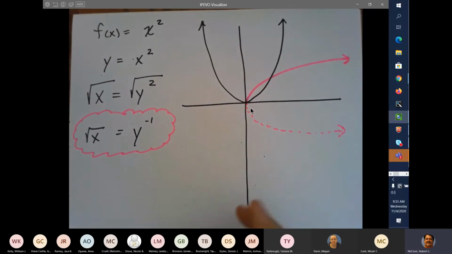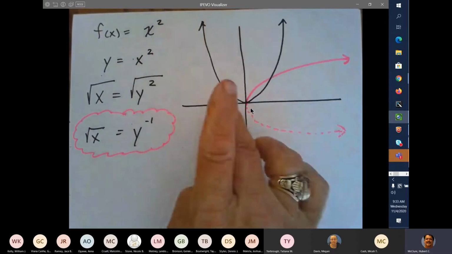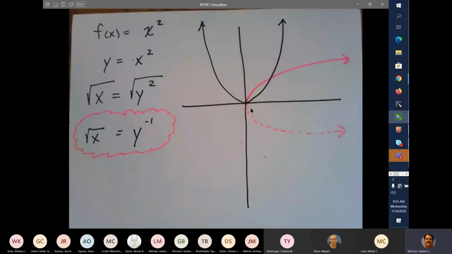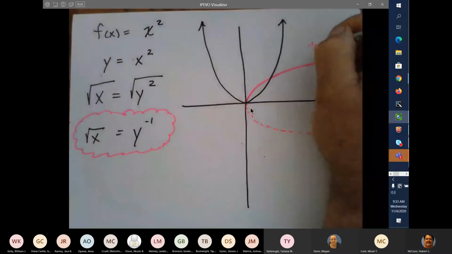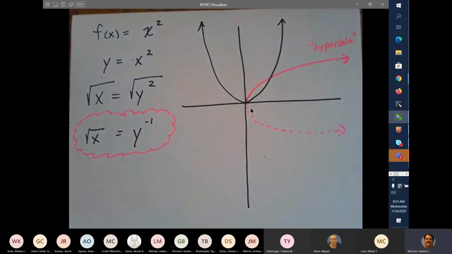But as you can tell, if you were to find the inverse function of the black function, it would be on its side, and this is called a hyperbola. And I'm just going to write that down. A hyperbola is a parabola on its side.